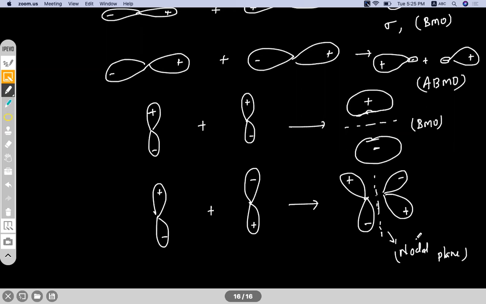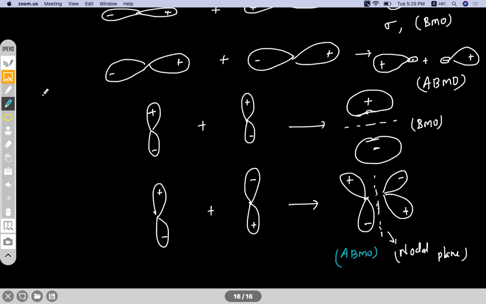Only one kind of question is possible in this structure, that which of this combination gives sigma molecular orbital or pi molecular orbital. One is this. Other type, which of this combination gives bonding molecular orbital or gives anti-bonding molecular orbital. That is it. You just need to know the shape here.